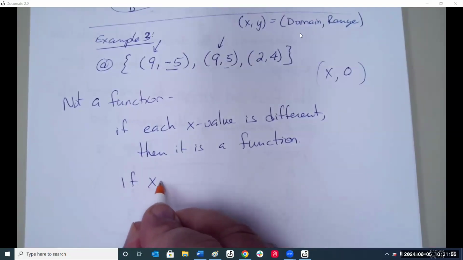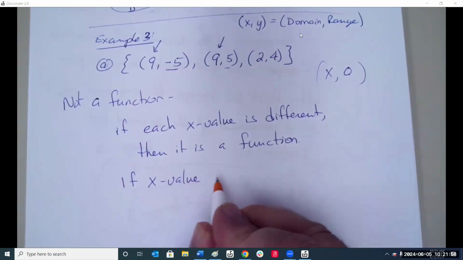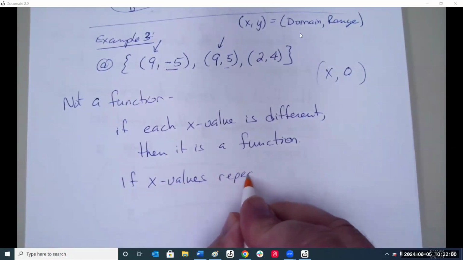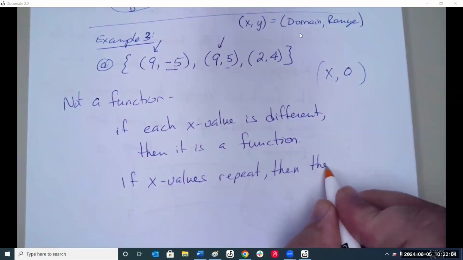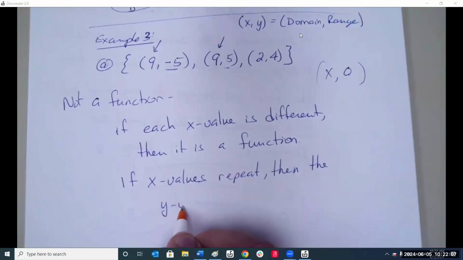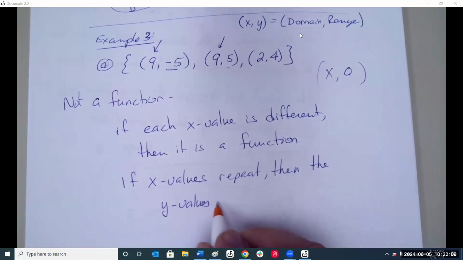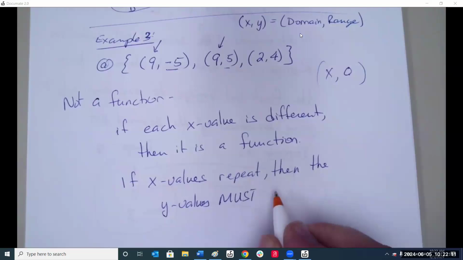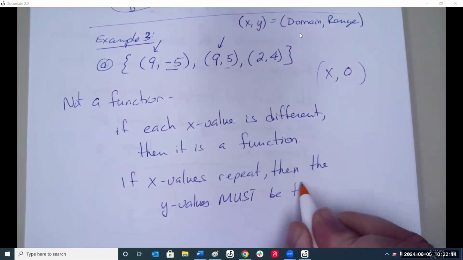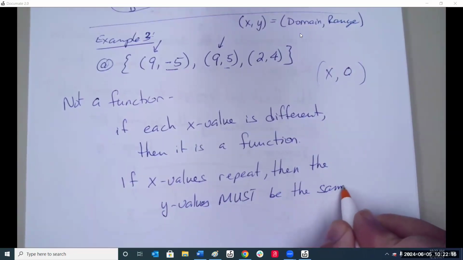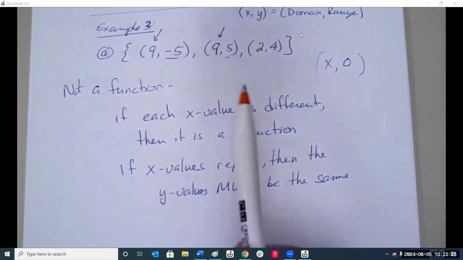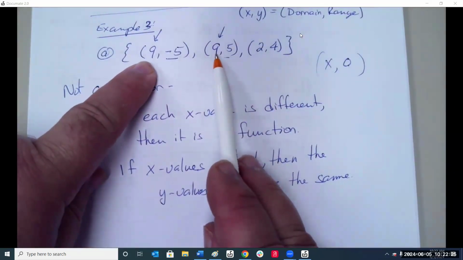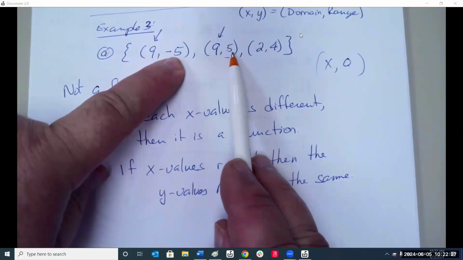If X values repeat, then the Y values must be the same to be a function. See, since we have the same X values here, and they have different Y values, it's not a function.